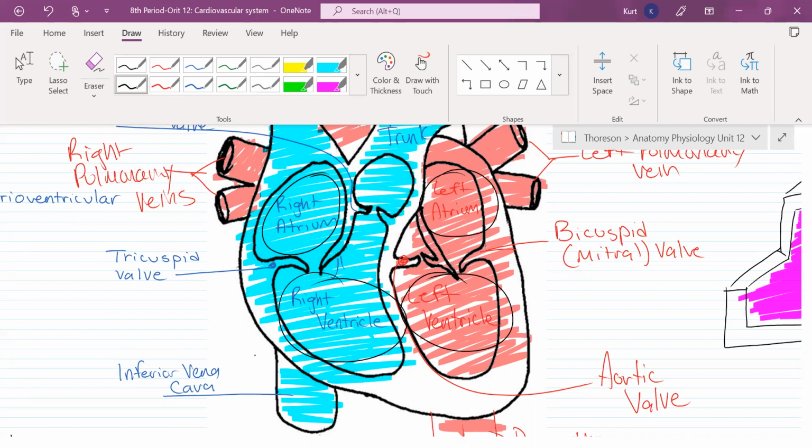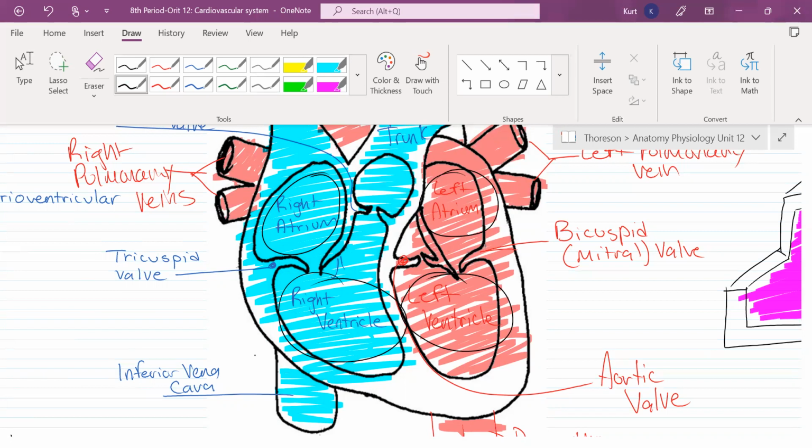Okay, they're opening. What are the valves that belong to the ventricles? Semilunar valves. And in general, what happens to any valve when its chamber is relaxed? They're closed.